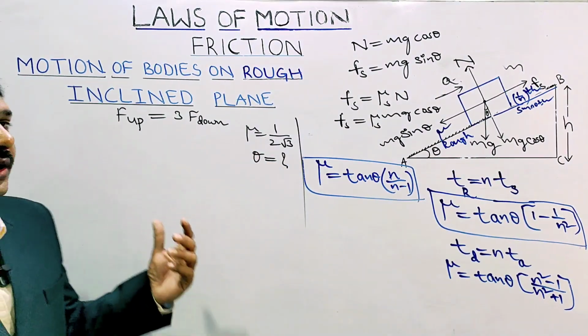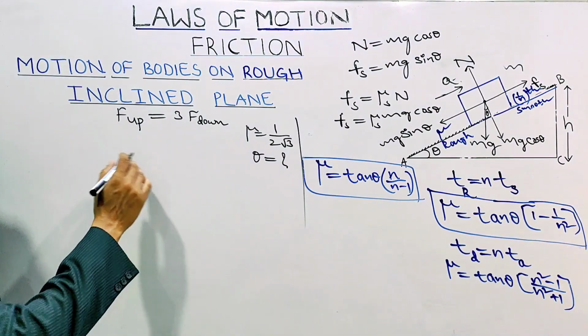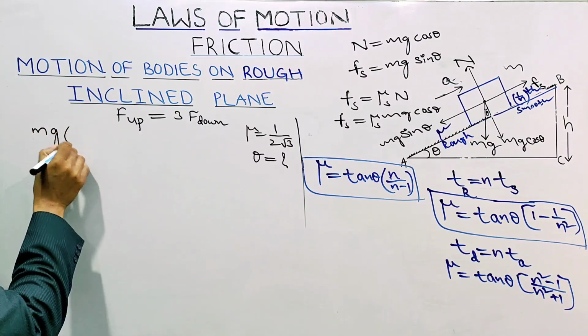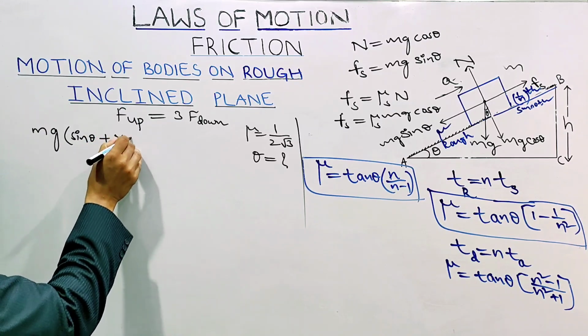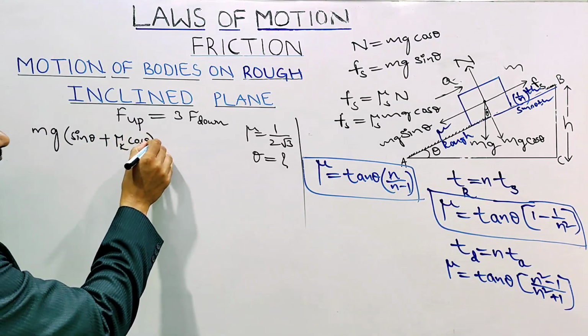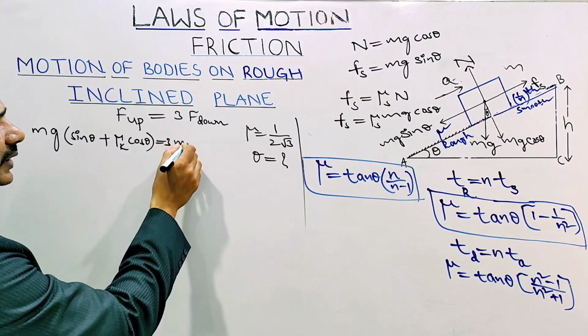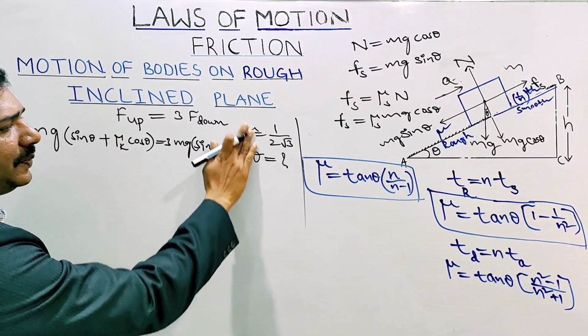In this case, just substitute the formulas on both sides. The sliding up formula, we know, is mg sin theta plus mu k cos theta, which is equal to 3 times the sliding down formula, mg sin theta minus mu k cos theta.